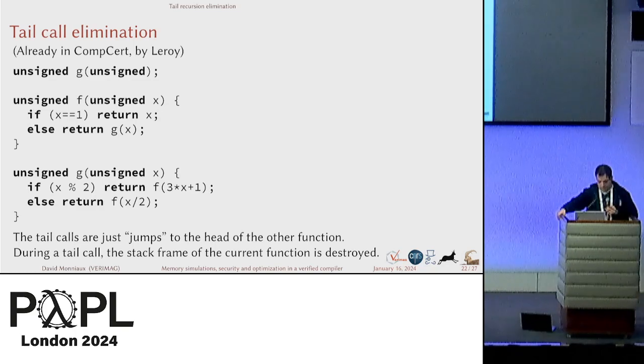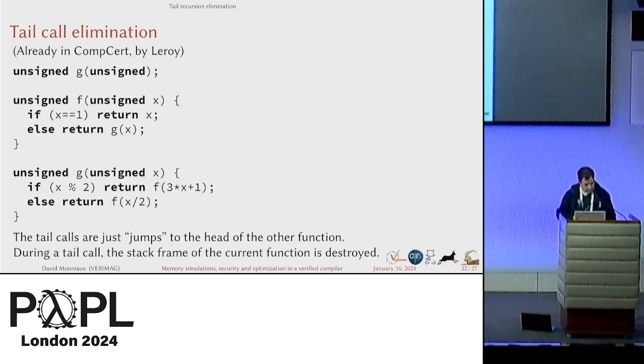And during a tail call, the stack frame of the current function is destroyed. You jump to the head of the other function, and it creates its stack frame. So what it does is, when you have maybe mutually recursive functions, it avoids creating many stack frames on the stack that use up memory that has no usefulness.